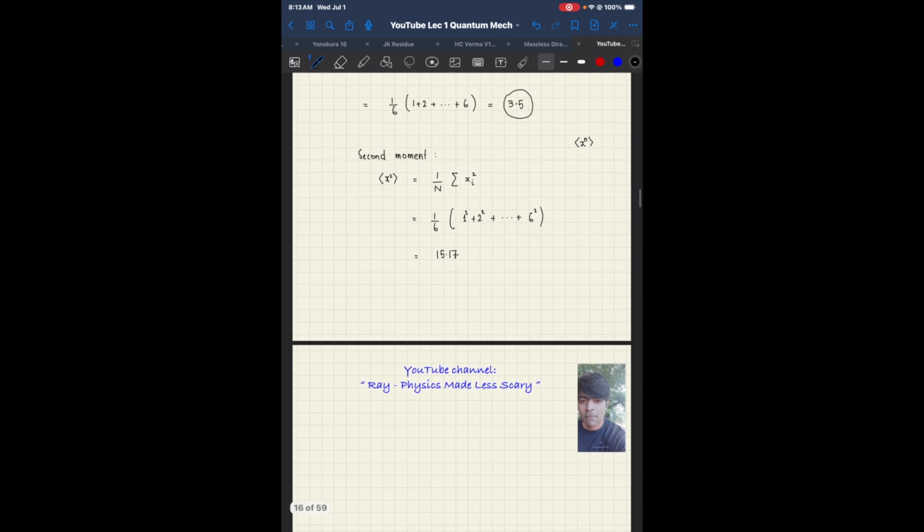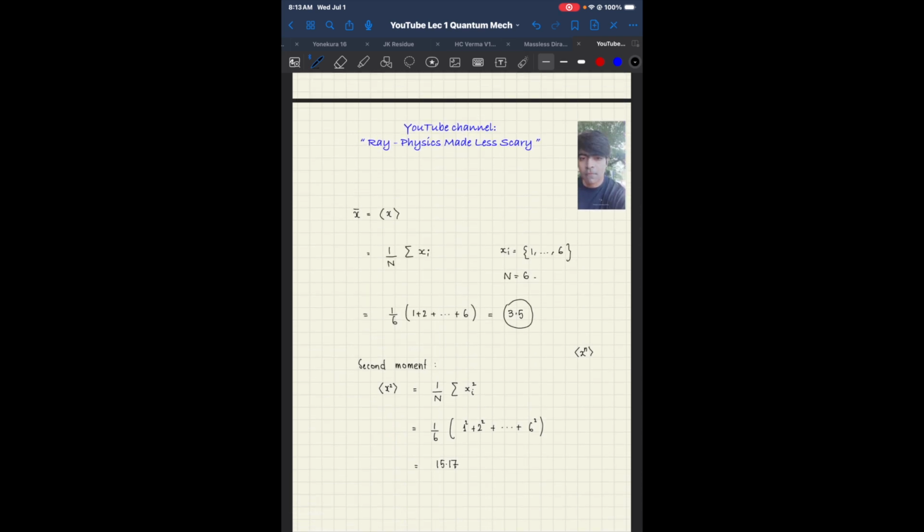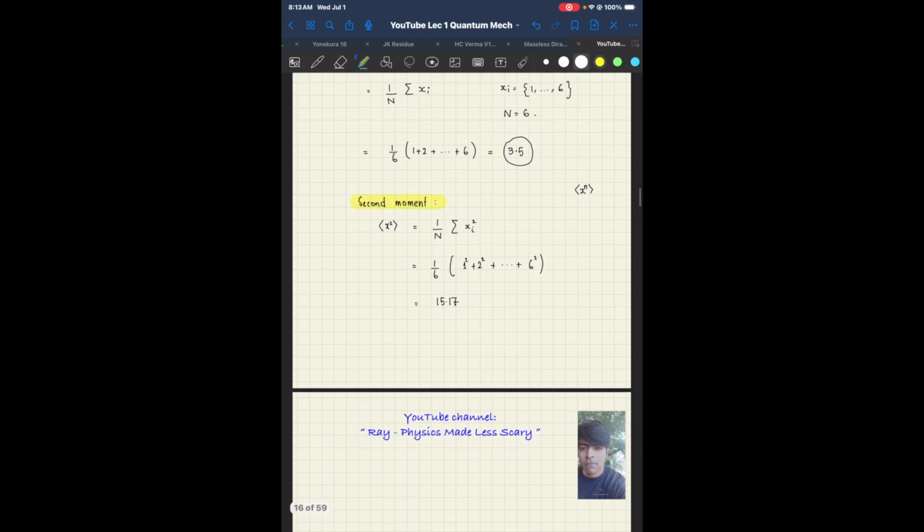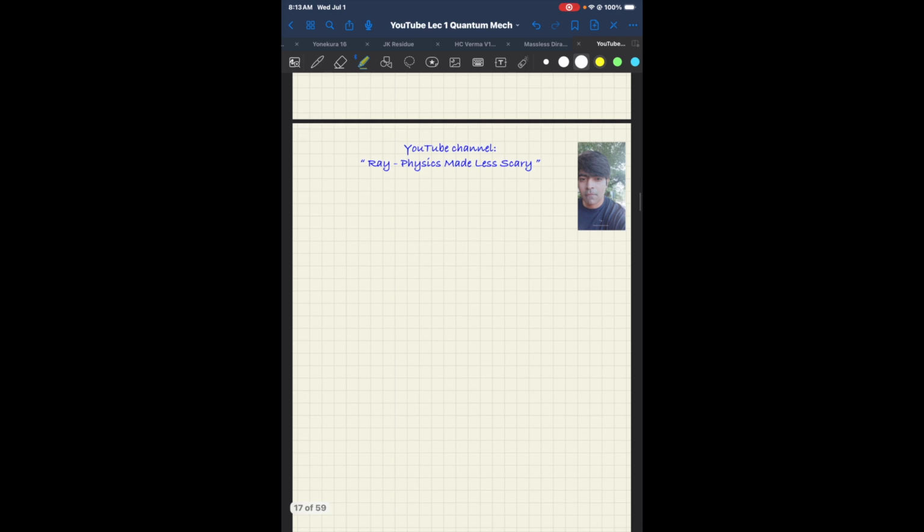Good. So I've calculated the mean, and calculated the second moment. Let's calculate the variance and then the standard deviation in this simple example. Variance. So the definition of variance was, they are equivalent, the expectation of (X minus x bar) whole square.